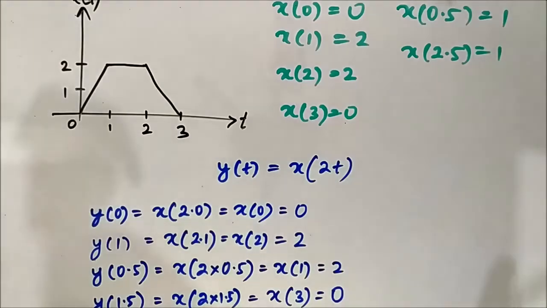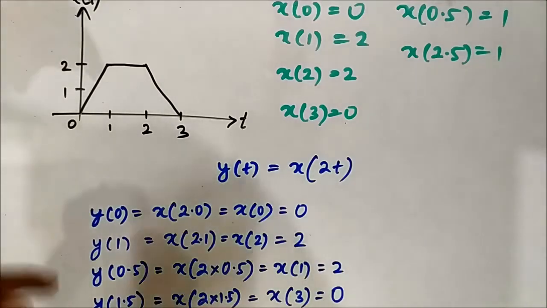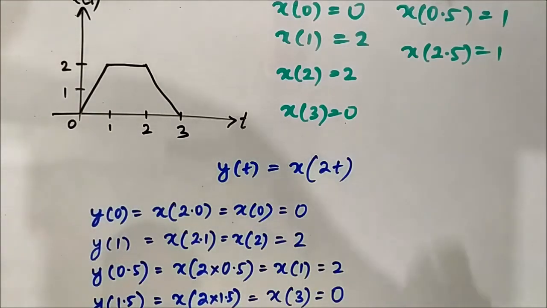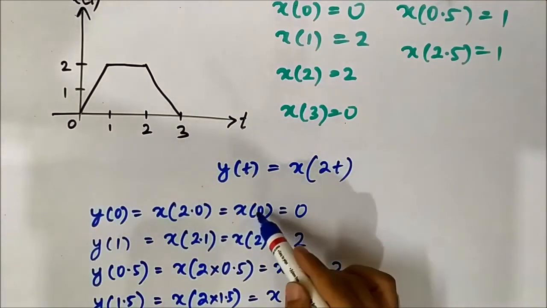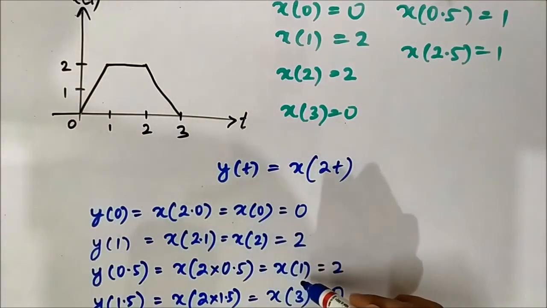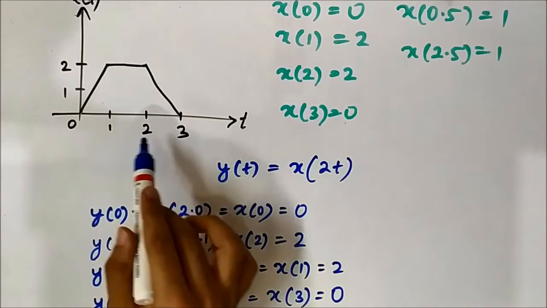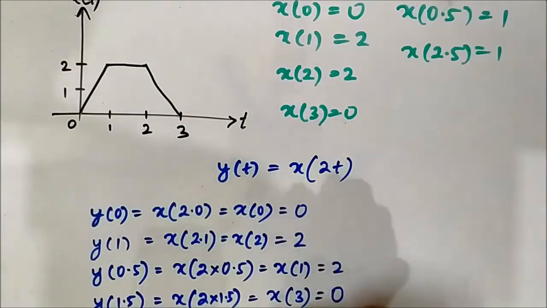So now we have to draw the output signal. Okay, 0, x0, x1, x2, x3, all the signal points and distinct points are considered.